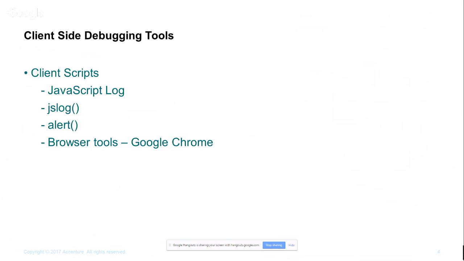So it was gone for a version, and now we have it back. And then also the good old-fashioned alert statement from JavaScript. And then we also had our general tools that we get with our browsers. I'll be demoing a little bit on Google Chrome, but you also have these available on IE and Firefox and any other browser.